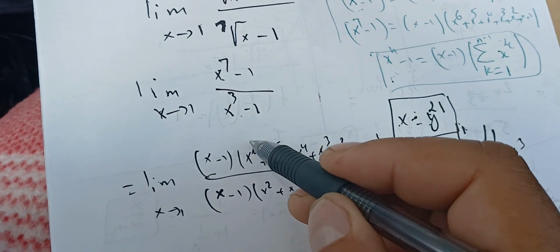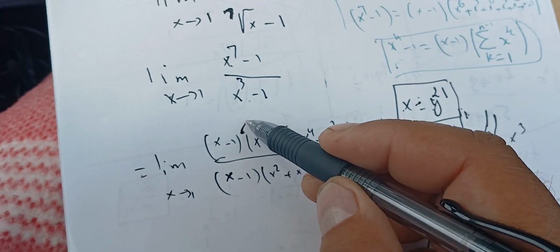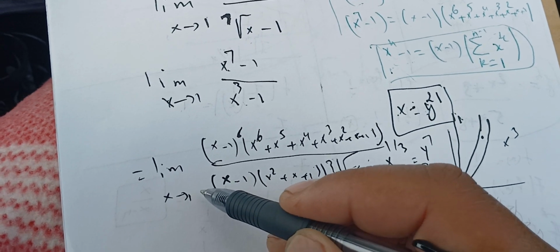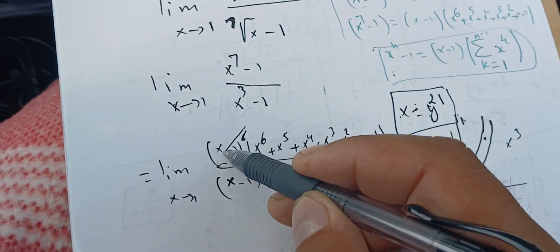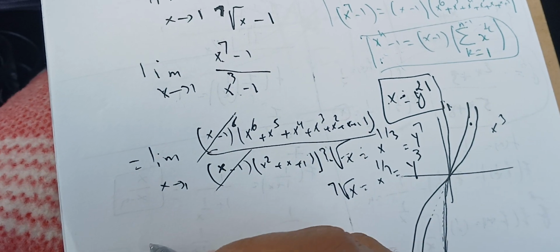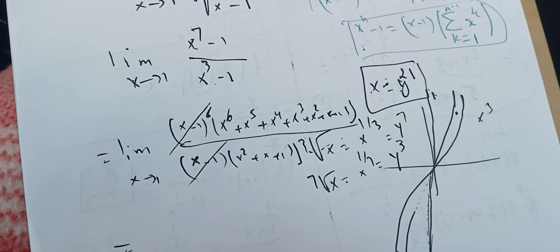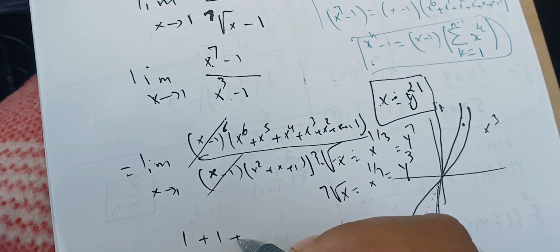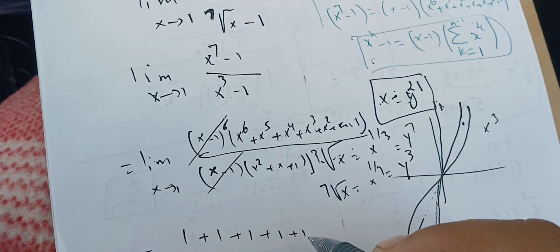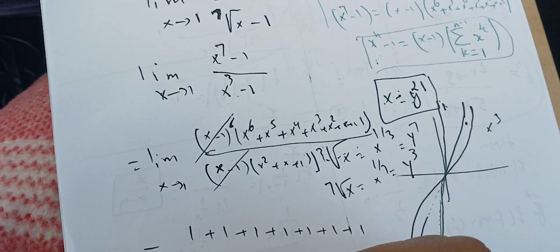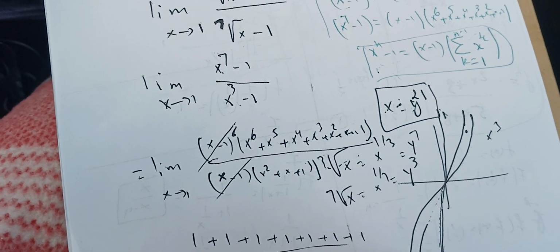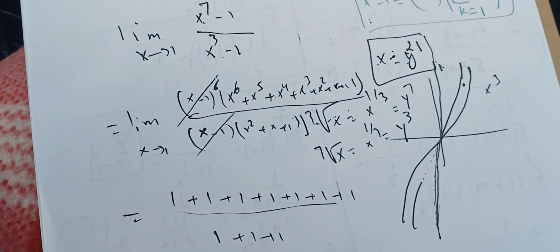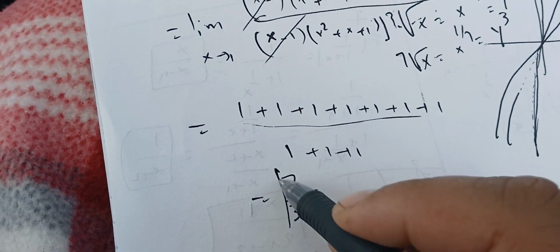I can cancel because x minus 1 is different from 0: x is not equal to 1, it just gets close to 1. And when I plug in 1, nothing is going to be a problem. So I get 1 plus 1 plus 1 plus 1 plus 1 plus 1 plus 1 over 1 plus 1 plus 1. So it's going to be 7 over 3, and this is my limit.